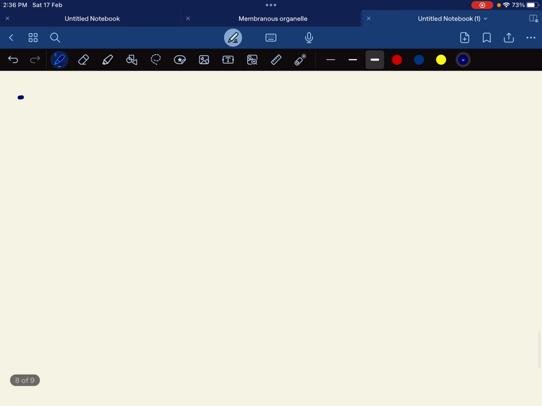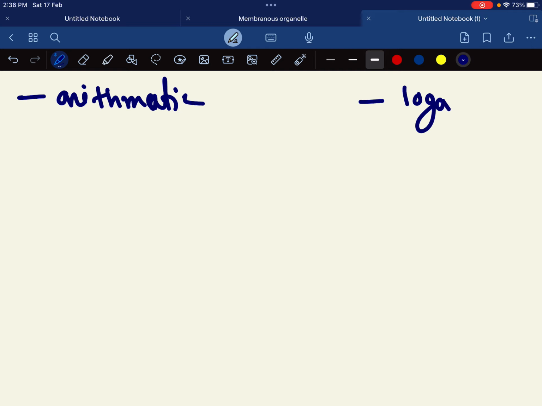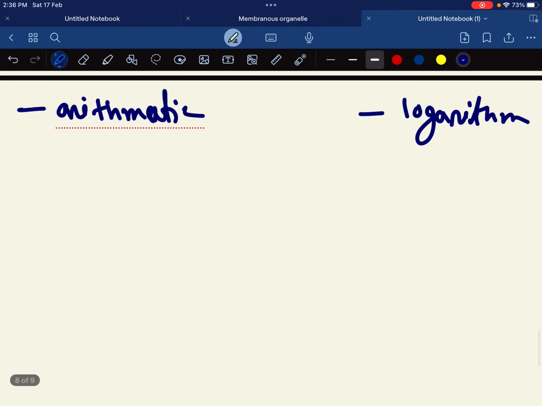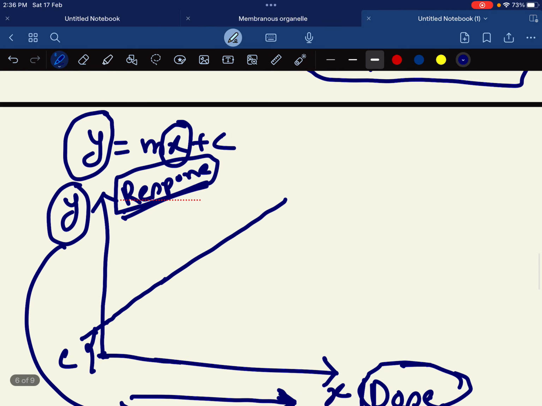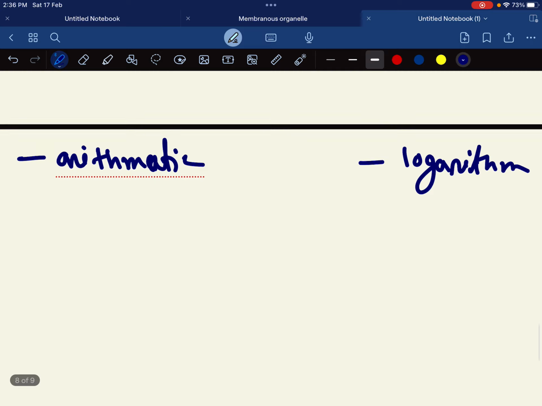One is arithmetic, and another is logarithmic form. Basically in arithmetic form, the dose response curve is very similar to this graph, or actually this is a very simple version where we use only one function, that is the dose and response.